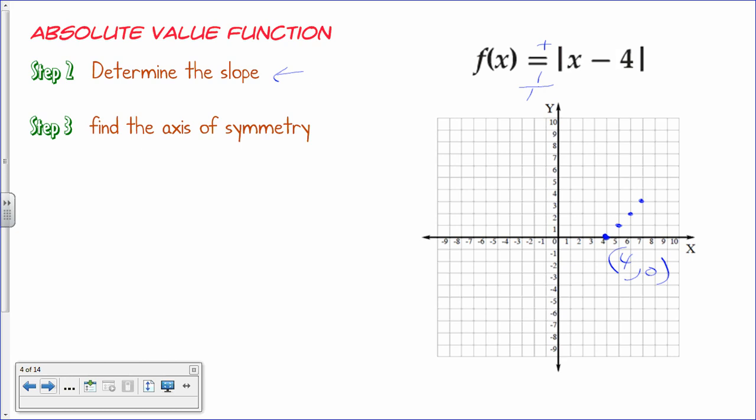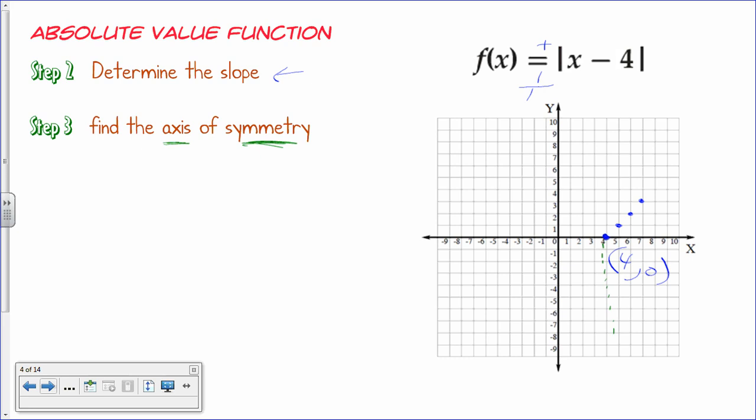Okay, now notice I just have what? One side here. Once we do that, we need to find the axis of what? Symmetry. The axis of symmetry is a vertical line. It goes through what? The vertex, a minimum.